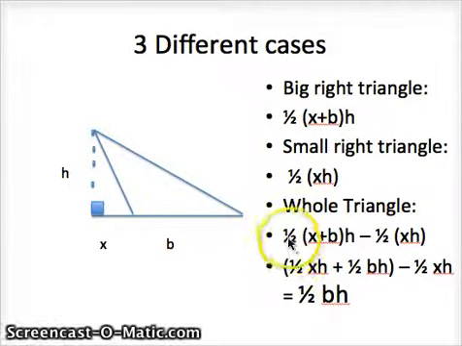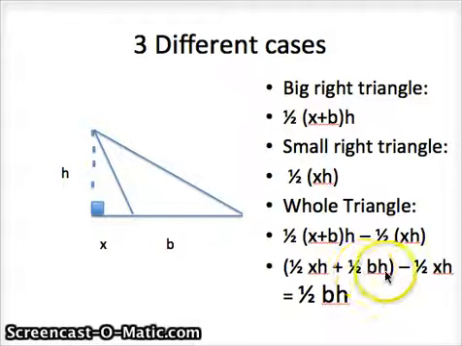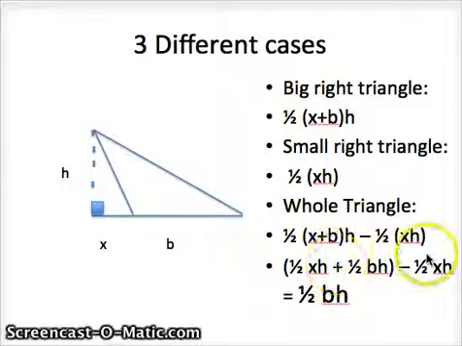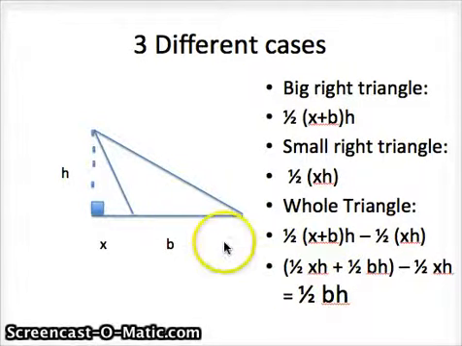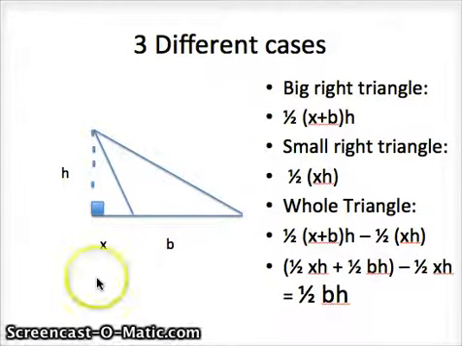So we first need to distribute the 1/2 and the h to the big right triangle, which is 1/2 xh plus 1/2 bh. And then we can subtract the 1/2 xh, which is the small triangle. So these two cancel out, so we're left with 1/2 base times height. So that gets us our formula. So these are the 3 different cases of finding the area of a triangle.